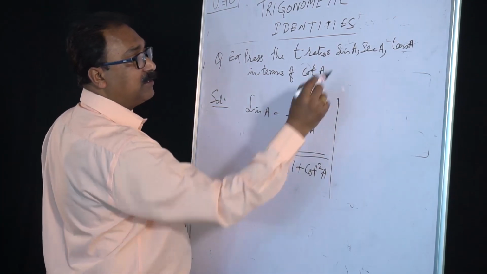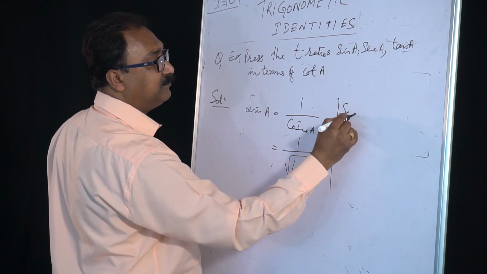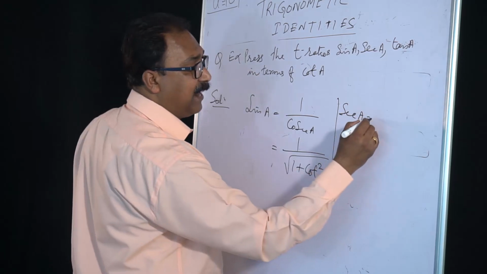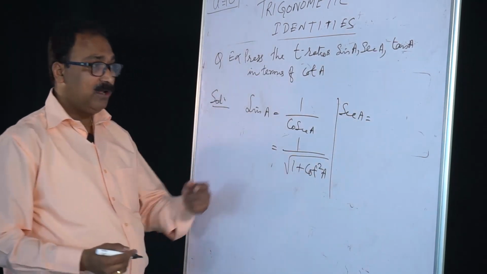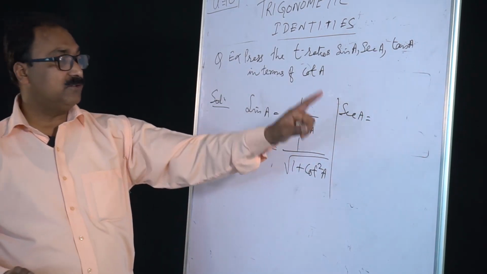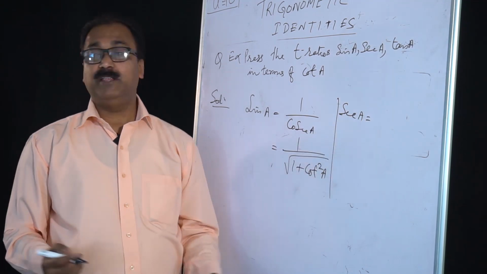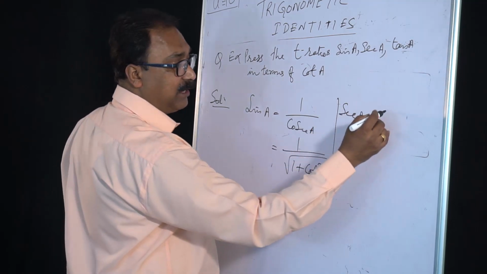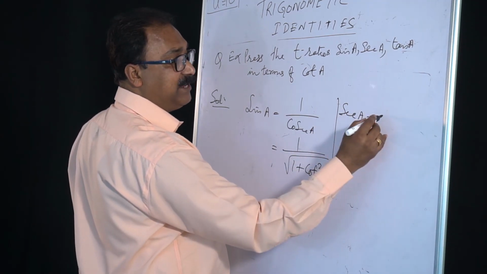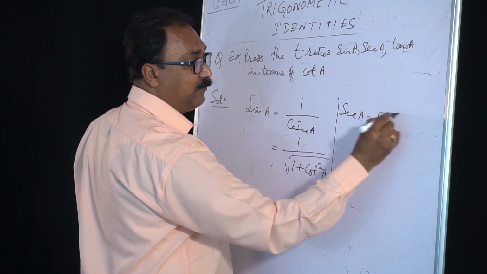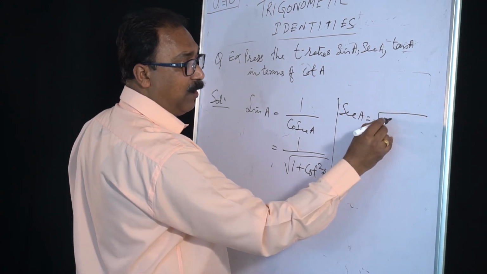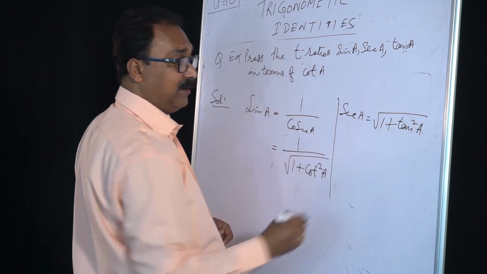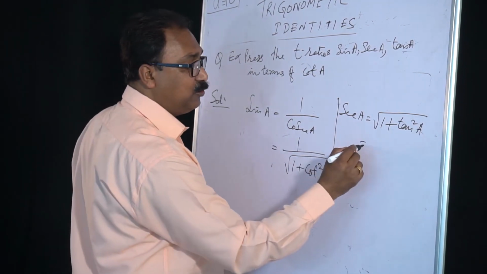Likewise, sec A. How to change into cot? You can change sec into tan and after that cot, or sec into cos into sin into cosec into cot. That way also you can do it a different way. So I will do the last steps, that is change into tan. Sec is root over, what is that? 1 plus tan square A. Correct? And tan you change into cot.